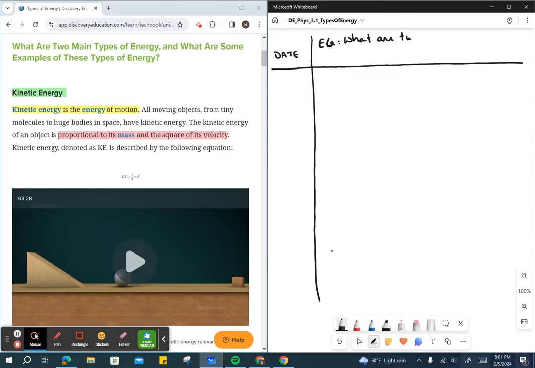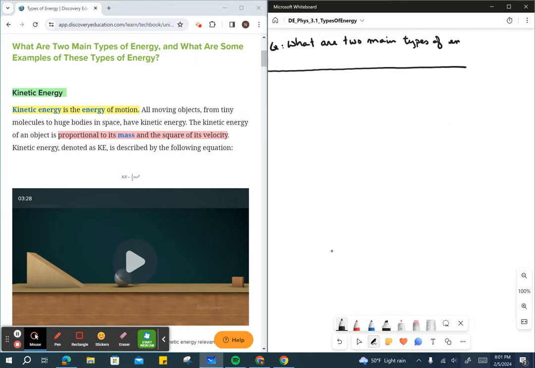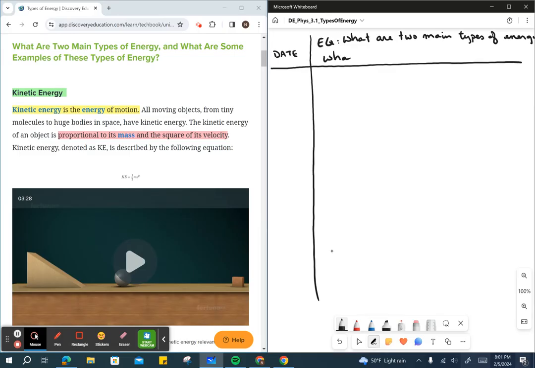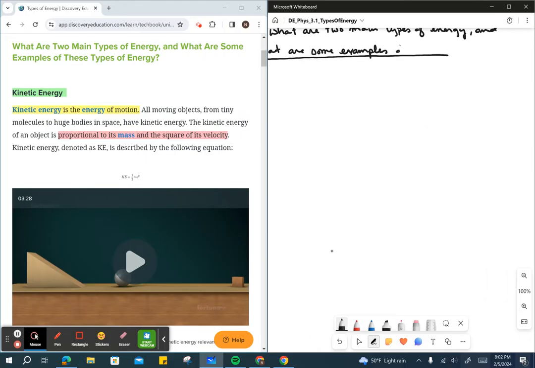What are two main types of energy? And what are some examples of these types of energy?